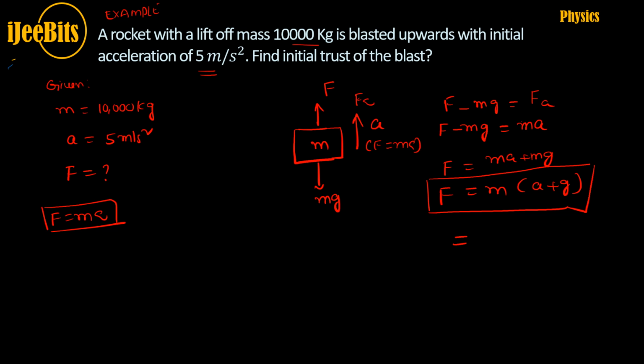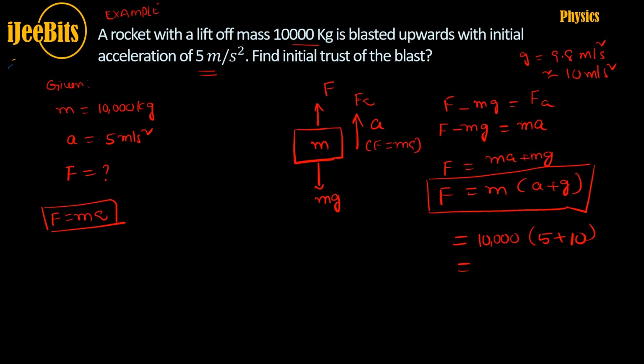So what is the m value here? 10,000. What is the a value here? a given is 5. Maybe you can take g as 10, because the actual value of g is around 9.8 meters per second square, approximately 10 meters per second square. We can take it, so I would take 10.